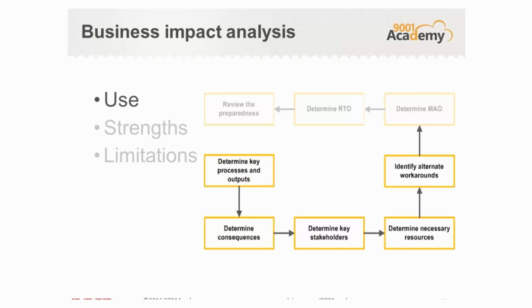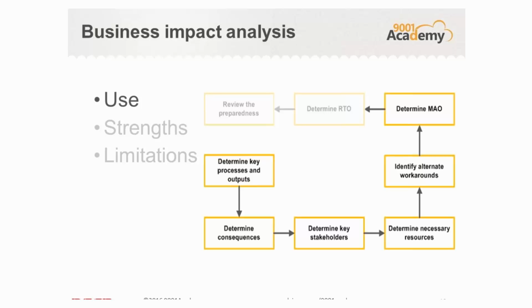Next, you need to determine the maximum acceptable outage time for each process based on the identified consequences and the critical success factors. The MIO, or maximum outage time, represents the maximum period of time the organization can tolerate the loss of capability.